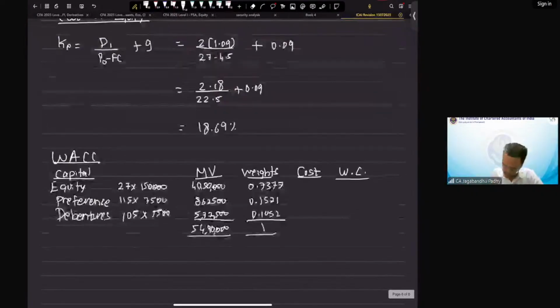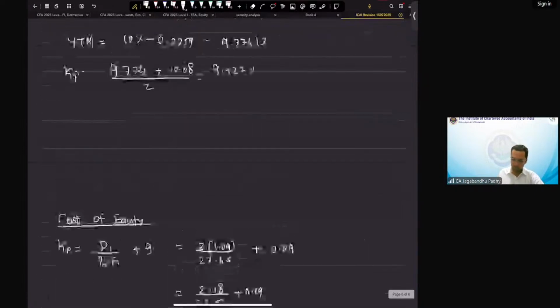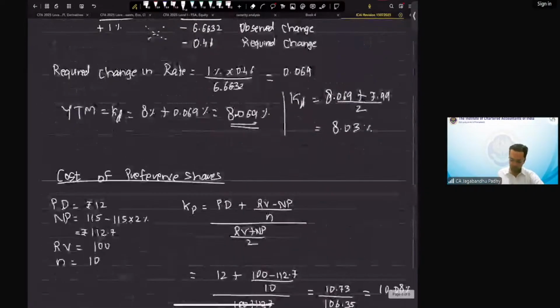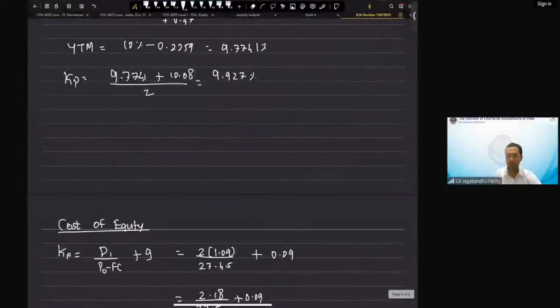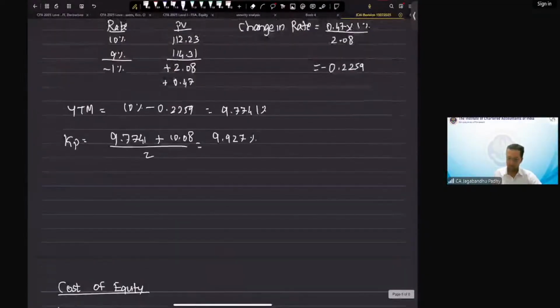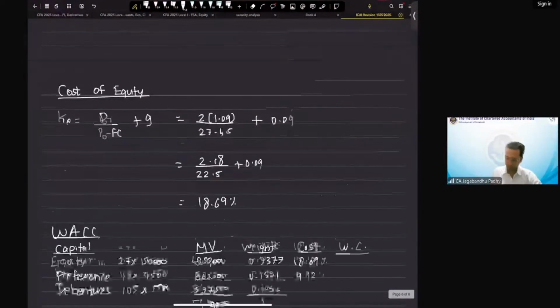The cost of equity which we have got 18.69%. Cost of preference share, we got it as 9.92.